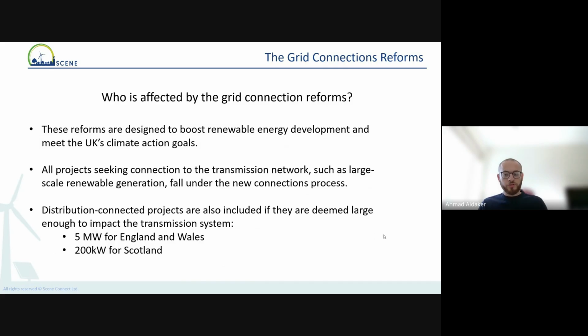As a result, all projects that are trying to connect to the transmission network, for example large-scale generation, fall under the new connection process, as do all distribution connected projects that are over the transmission impact assessment threshold. This stands at around 5 megawatts for England and Wales, and only 200 kilowatts for Scotland.